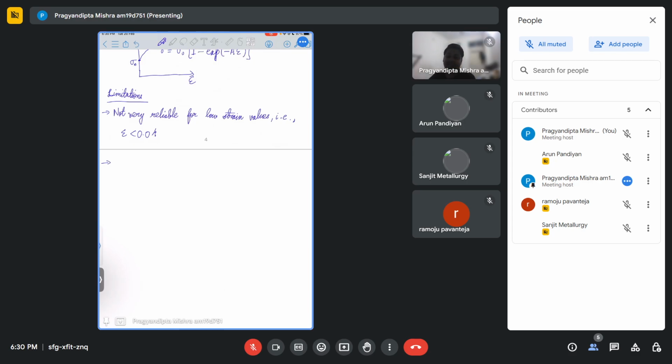Next, it is not suitable to predict the yield strength of the material.